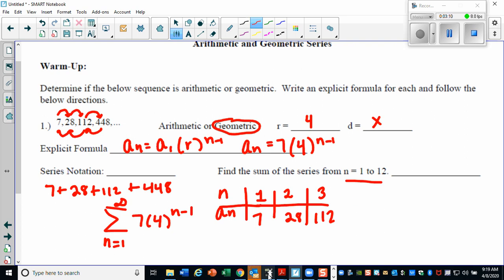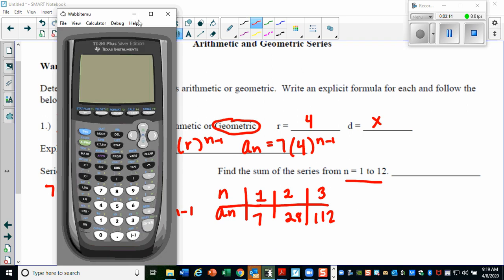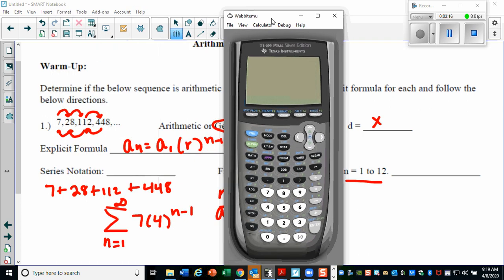Or remember you can use your graphing calculator. Let me show you quickly how to do that if you need a refresher. You're going to go to Stat, then Edit. Make sure to clear your list: highlight L1, hit Clear, hit Enter. Then type in your X values, the numbers in the positions that you're summing.